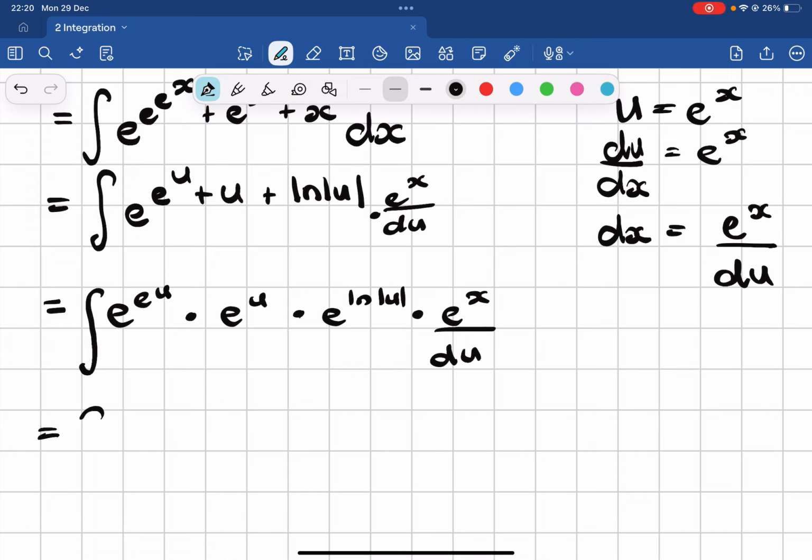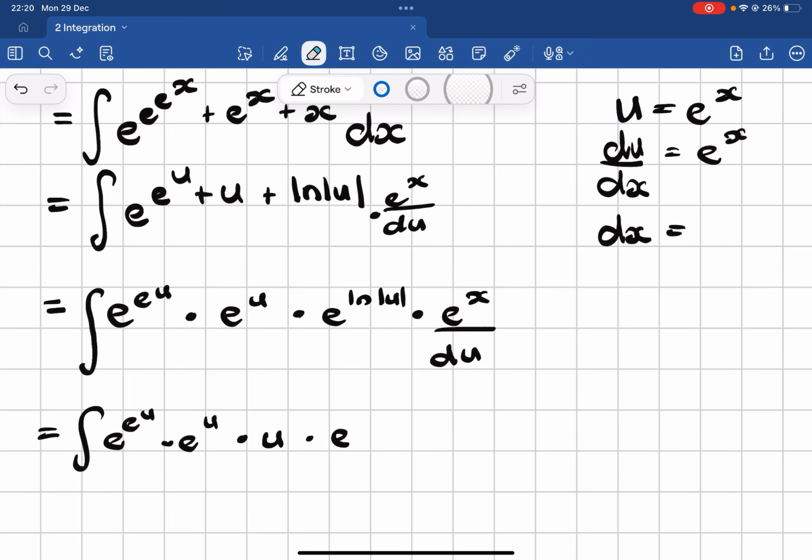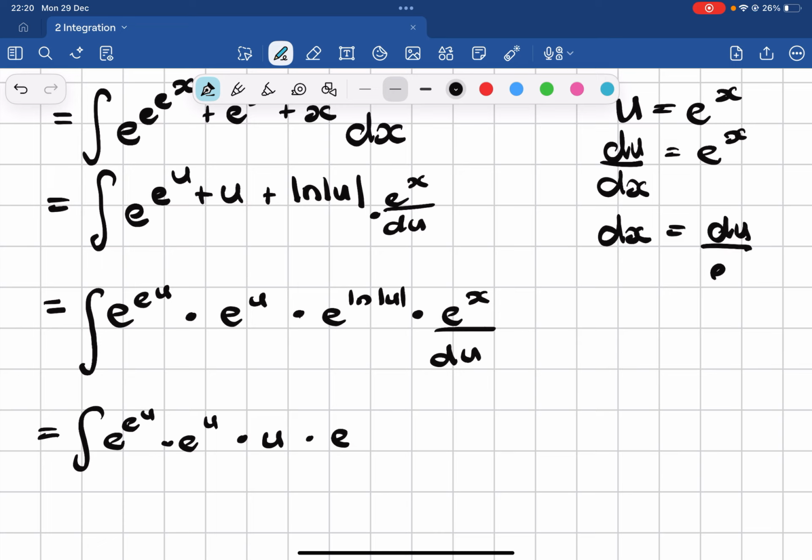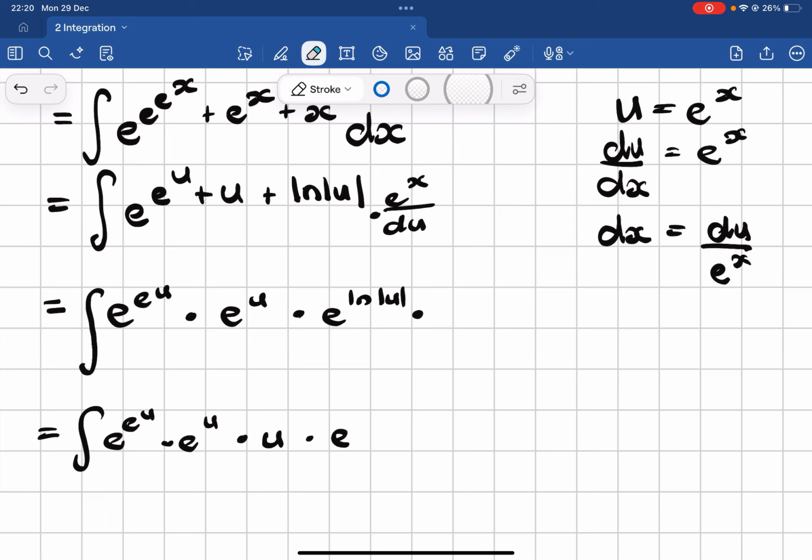I don't know what's happening today, but this is incorrect. Dx equals du over e to the x. So replace that.